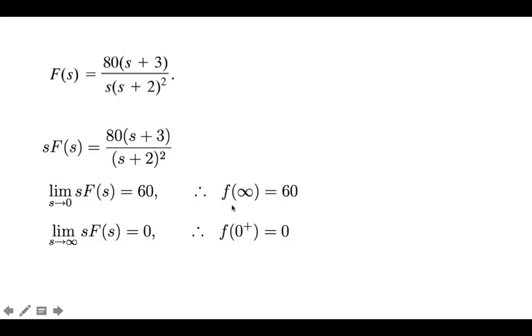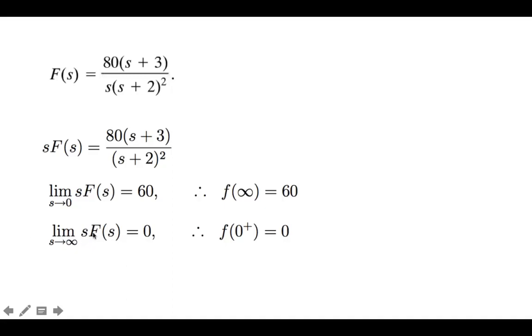So you will notice that your function evaluated at infinity is equal to 60. The other thing that this can be viewed as physically is that a 1 over s term represents a step function. So somewhere in this system a step function was introduced that produced a DC offset, which shows up when you evaluate this at infinity, this 60.